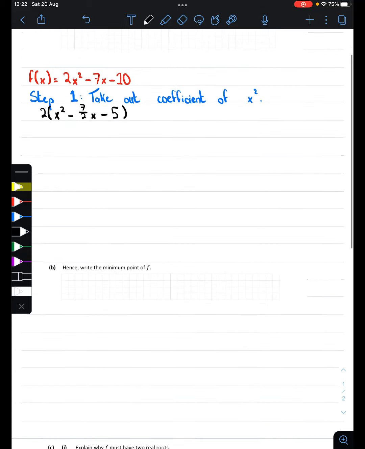That's the first step because we always want to have it in the form x squared plus bx plus c.